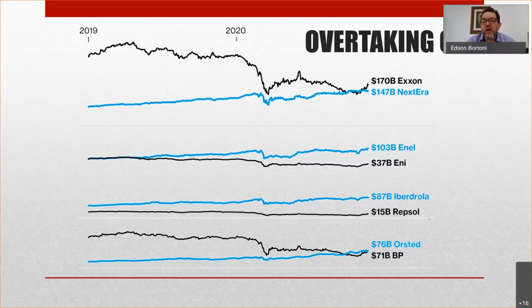They have almost the same value, but Ørsted is increasing, while British Petroleum is reducing its value. So really, renewable energy is very important now, and may increase its value.